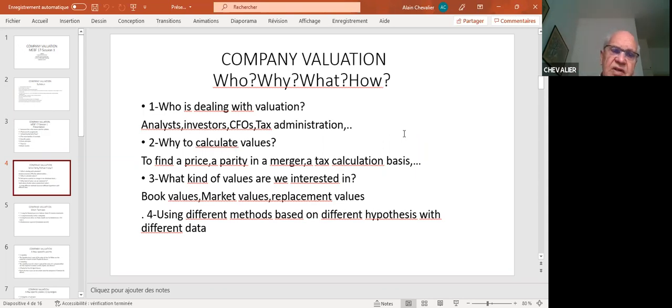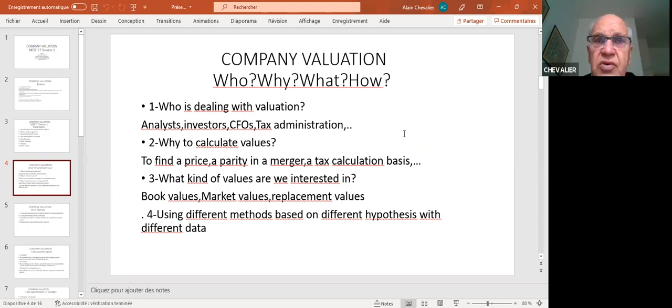So the first idea is that many different players in the financial field are interested in valuation. But if you think about their main goals, they are very often different.